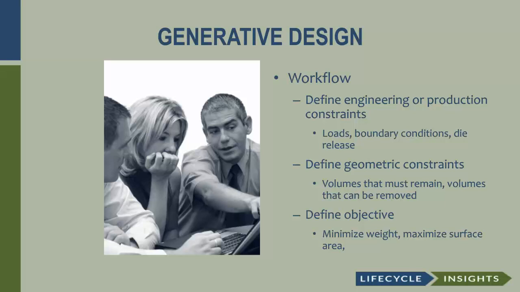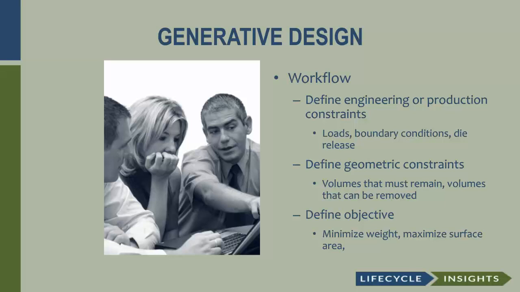So you set that up. That's your first step. Secondly, you set up your geometric constraints. When it comes to a design, there are some areas or aspects of a design that can change and some aspects of the design that can't change. So you basically, in a 3D component through a volume, you identify what can change and what can't change.